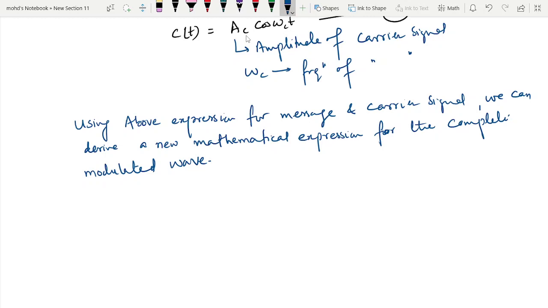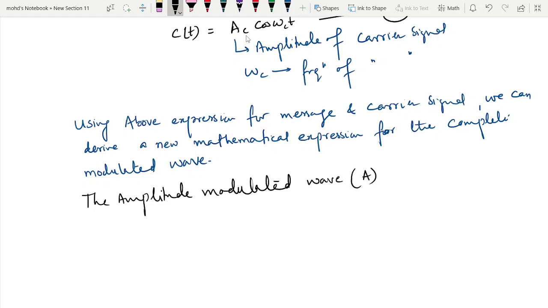Let's say the amplitude modulated wave or signal is A, and let's say this is equation 3.